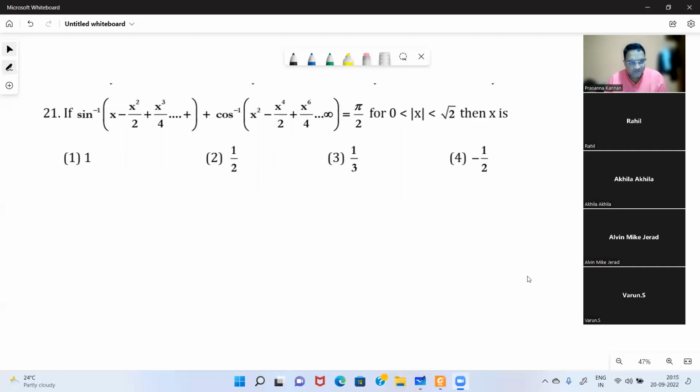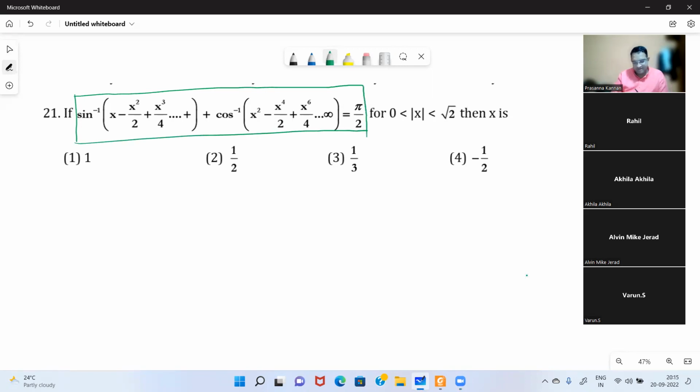Okay, let's go to the next question now. If sine inverse of one function is given plus cos inverse of another function is given, and that is equal to pi by 2, then what is the value of x? Sir, it should be 1. Yes, very good.